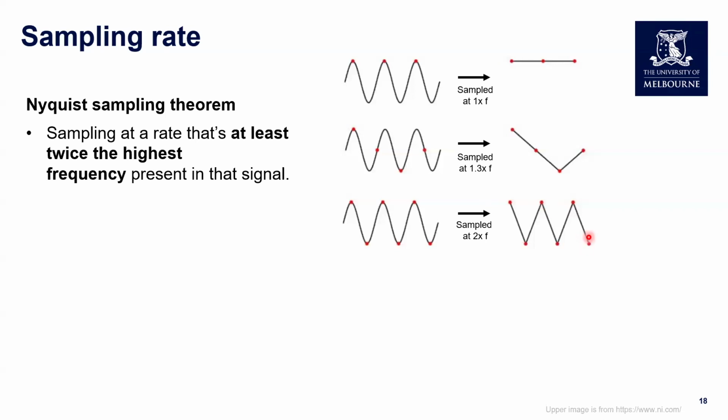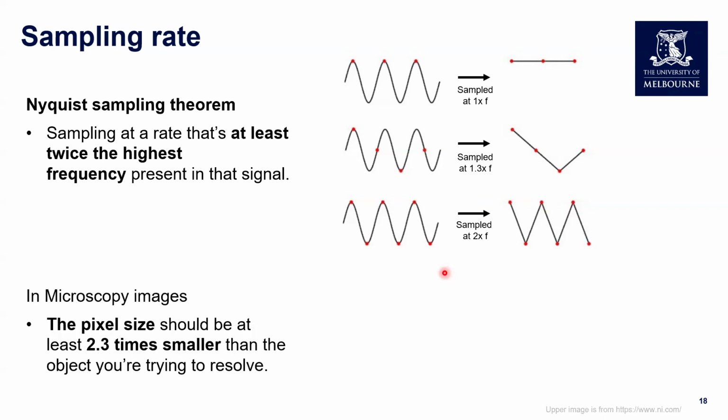In simpler terms, if you want to accurately represent an object in a digital image, you must sample it frequently enough to capture all the details. In a microscopy image, the Nyquist condition means something slightly different: the pixel size should be at least 2.3 times smaller than the object you're trying to resolve.